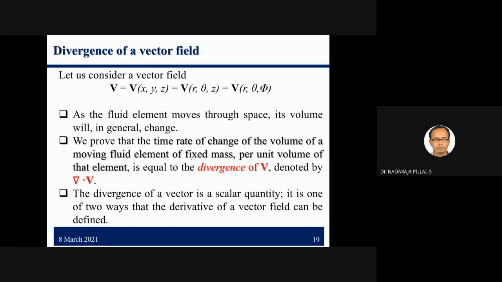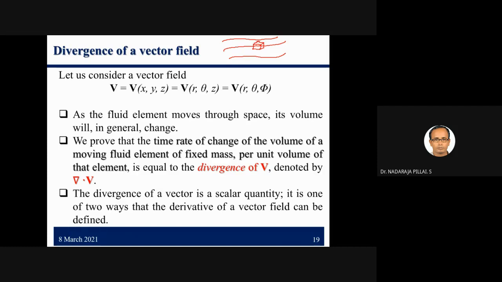Now, let us consider a fluid element. The fluid element moves through the space. When the fluid element moves through a particular space, I hope you remember the flow field we have done some time back, when there is a flow and we have made one small fluid element.